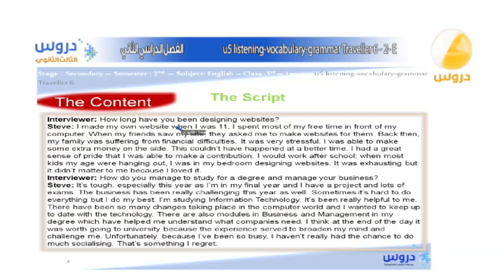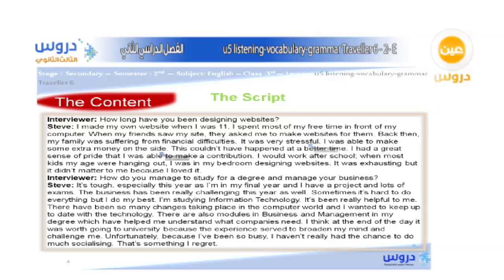Interviewer: How long have you been designing websites? Steve: I made my own website when I was 11. I spent most of my free time in front of the computer. When my friends saw my site, they asked me to make websites for them. Back then, my family was suffering from financial difficulties. It was very stressful.